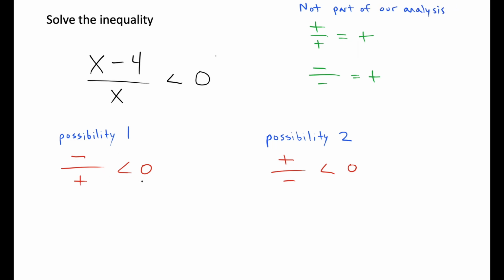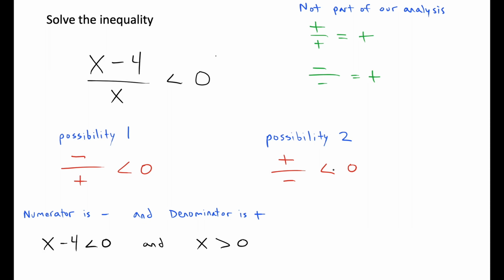Okay, so what are going to be my statements here? I need the numerator to be negative, and I need the denominator to be positive. So let's write that. The numerator is less than 0, and the denominator, x, needs to be greater than 0.